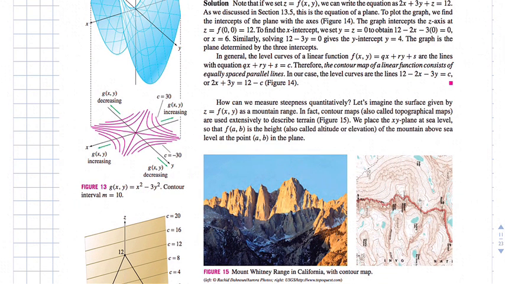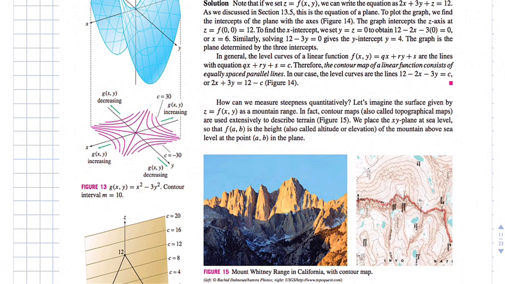In general, the level curves of a linear function are the lines with this equation. Therefore, the contour map of a linear function consists of equally spaced parallel lines.